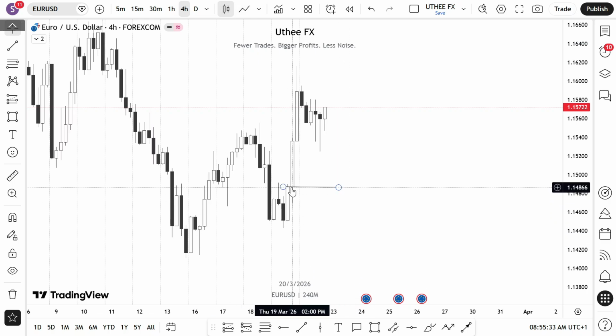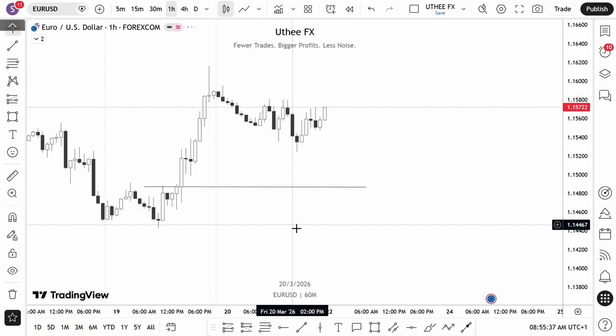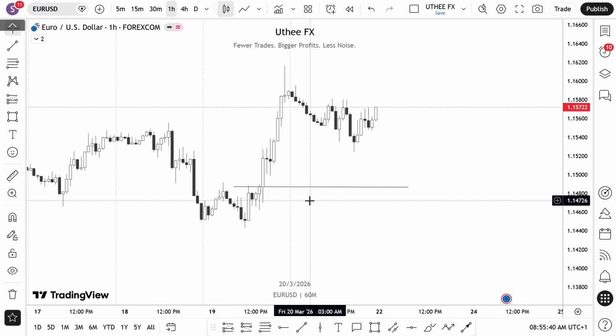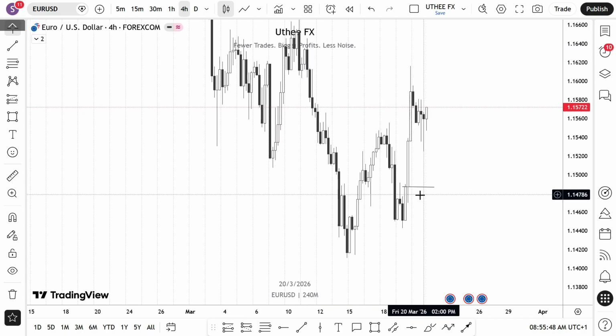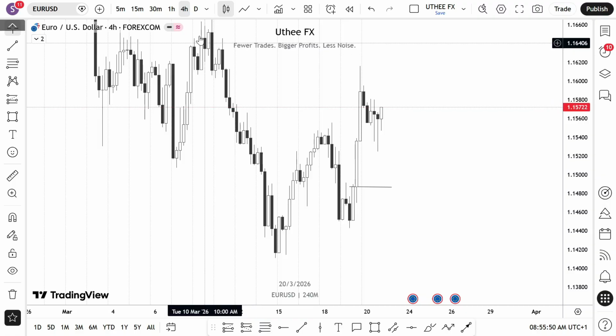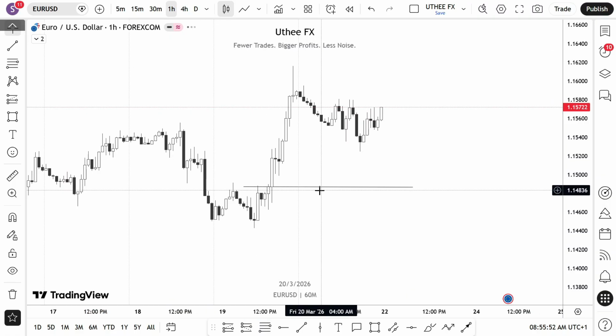But an open close key level on a higher time frame, if you go to a lower time frame, you can see it as an open close key level or an A-shape or a V-shape key level. So this thing here, from the 4 hour, I marked it as an open close key level. Sometimes when you go to the 1 hour time frame, you see it as an open close key level or an A-shape key level or a V-shape key level. In this scenario, it is still an open close key level.